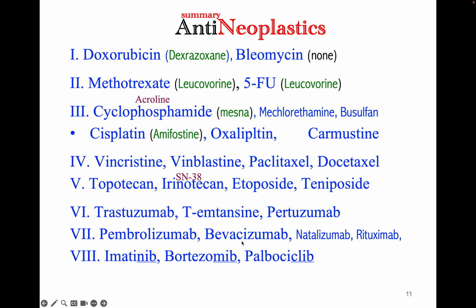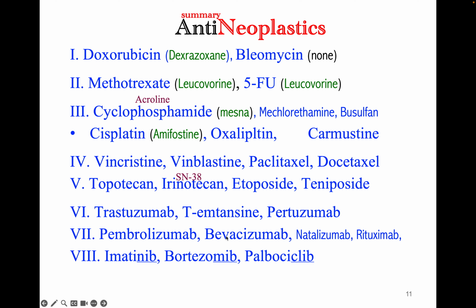Bevacizumab, I wanted you to learn the mechanism of action and the adverse effect. I will tell you the reason. Bevacizumab is a VEGF growth factor inhibitor, vascular endothelial growth factor inhibitor. Easy to remember. This inhibits tumor vascularization. VA, vascularization.